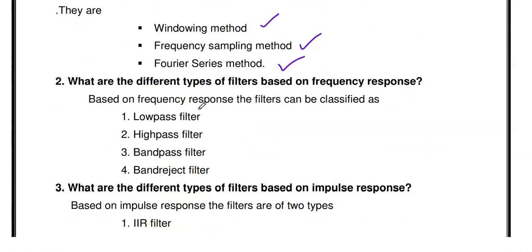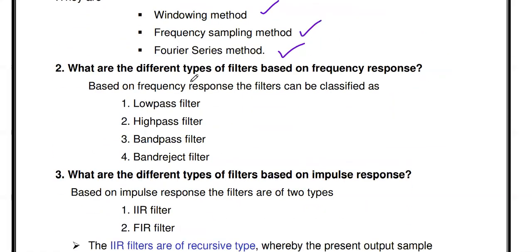The next question: what are the different types of filters based on the frequency response? Based on the frequency response, that is, which range of frequency the filter will allow, the filters are classified into 4 types.